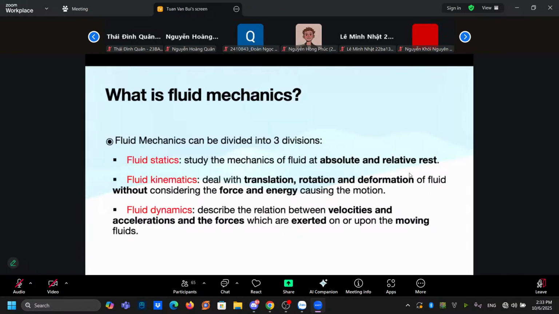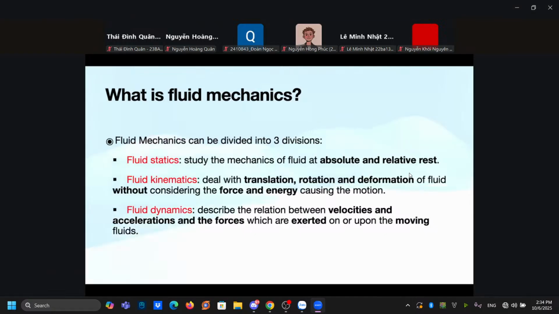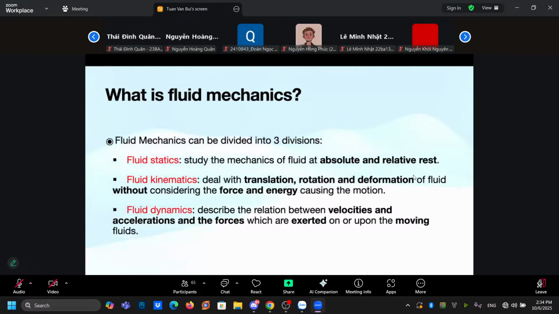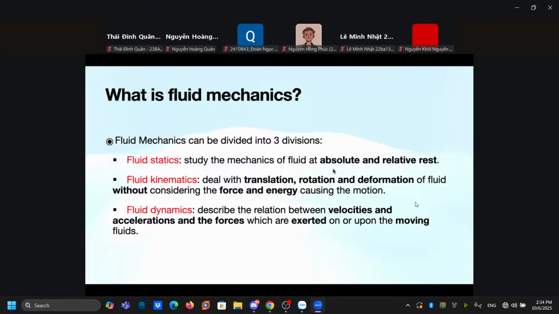So fluid mechanics can be applied to many disciplines. We can divide fluid mechanics into three divisions. The first one is fluid statics. Static means that the fluid stays at rest, not moving, so we study the mechanics of fluid at absolute and relative rest.